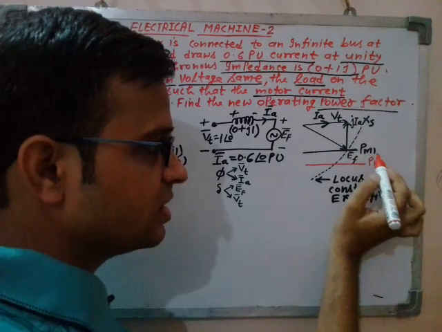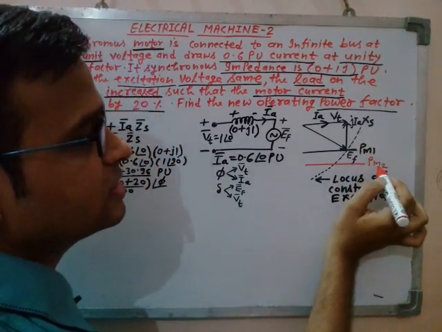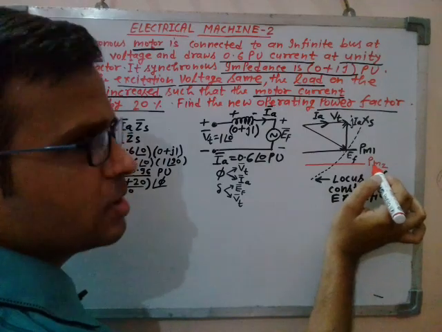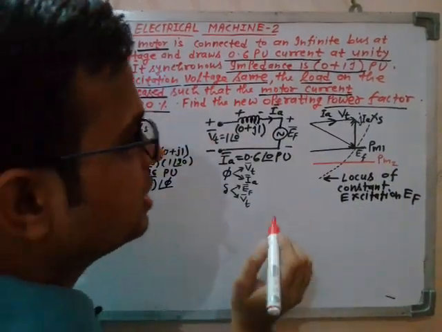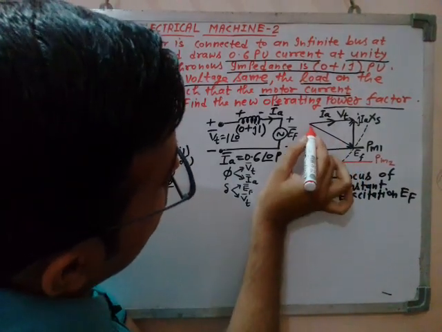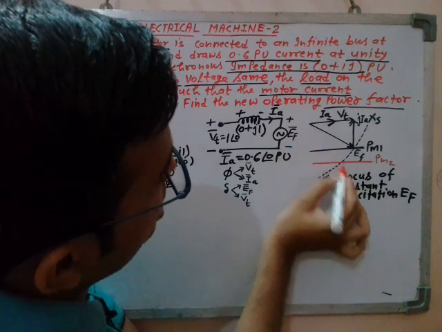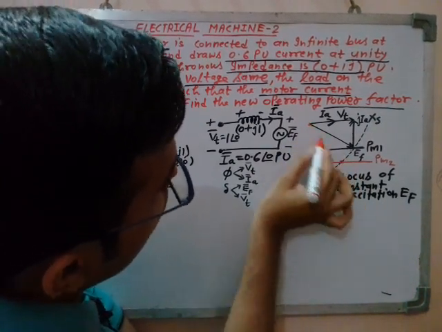PM1 is the initial mechanical load on the motor and PM2 is the new mechanical load on the motor corresponding to a 20% increment in the armature current. When you make a phasor for the excitation EMF, join this point and this point.